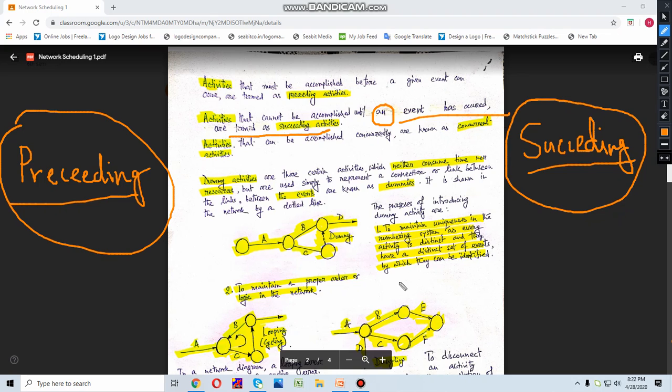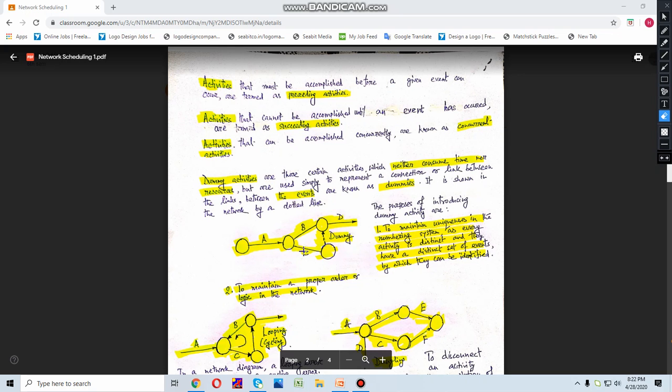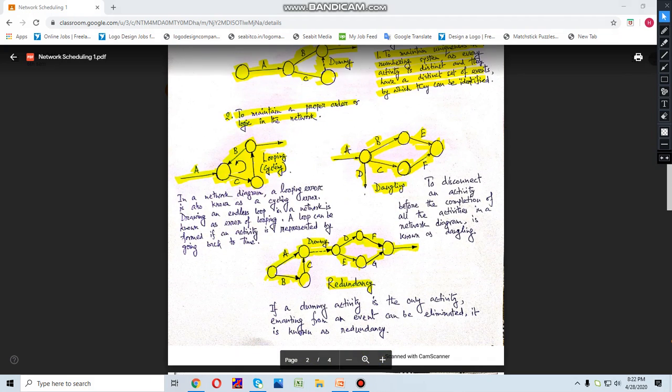So that means you cannot, suppose, I hope this diagram will help you to understand. Just give me some time here. Okay, let us take this one. You will find an error here, but to understand what is a preceding activity and what is a succeeding activity, we'll discuss.